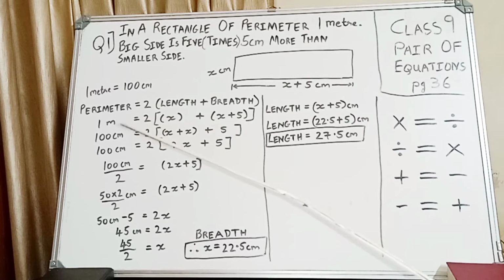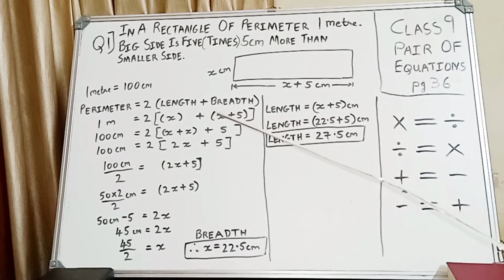In the question itself it is given, it is 1 meter. We substitute over here: 2 into bigger plus smaller. We are considering the breadth as x, and the length as x plus 5.